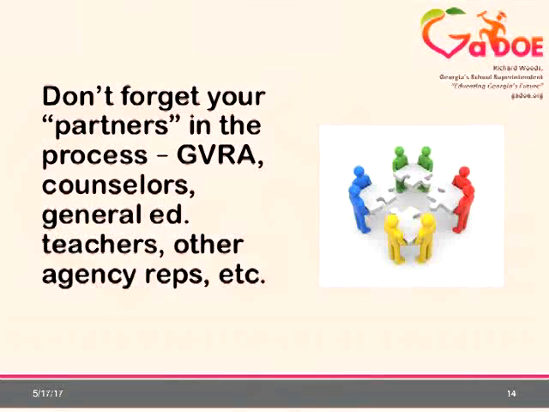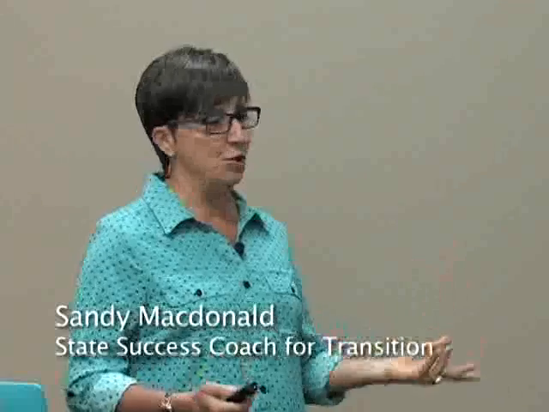And of course, don't forget the partners that you can include in the transition planning process. Some of the partners may be Georgia Vocational Rehabilitation counselors, general ed teachers, who should always be at your meetings anyway, your other agency reps, etc. And think outside the box. If you've got a student who's working, for instance, it's not unusual for an employer to come to that transition plan meeting.